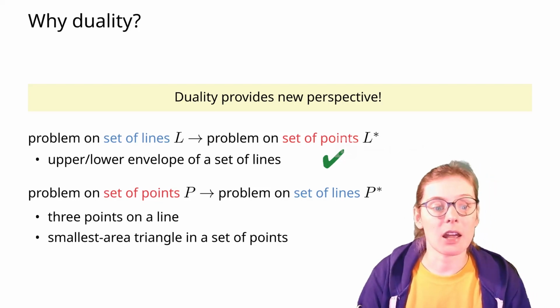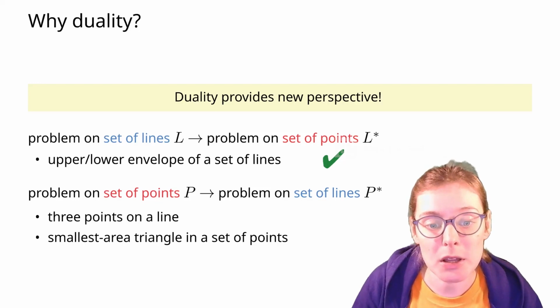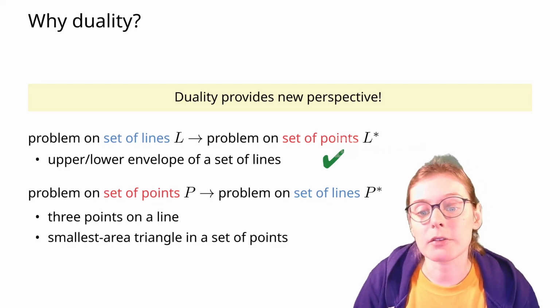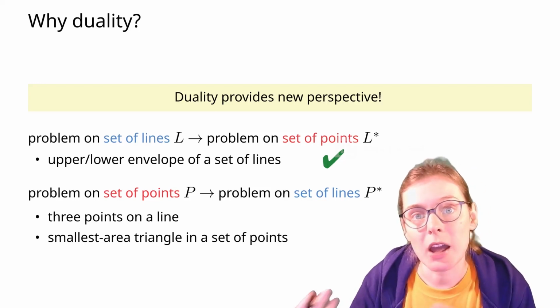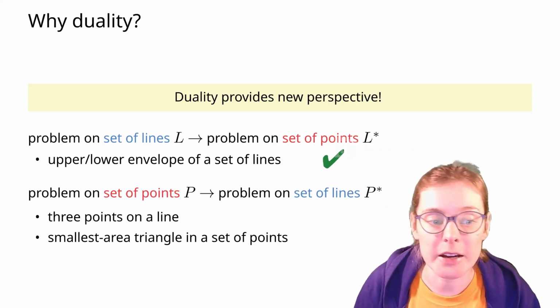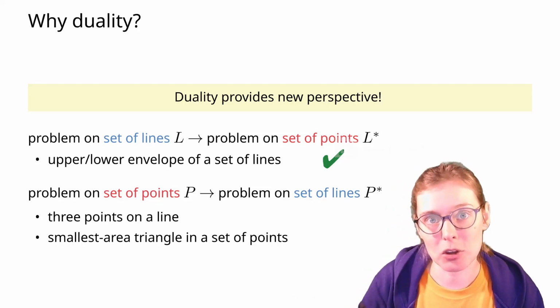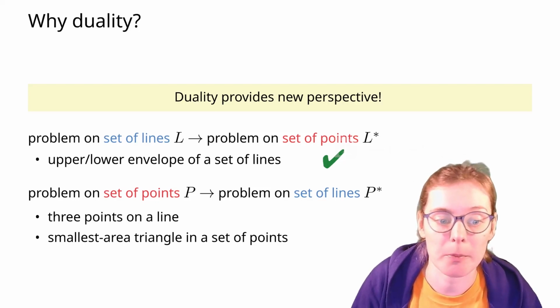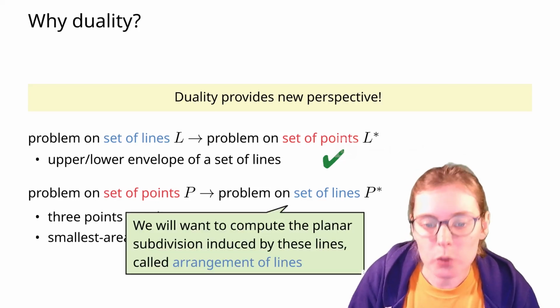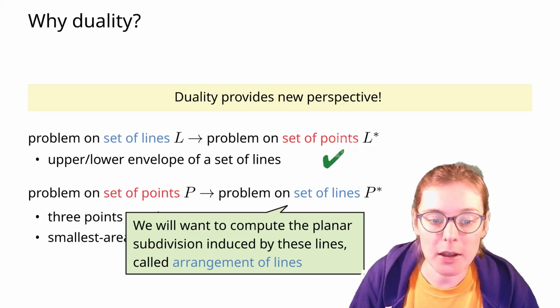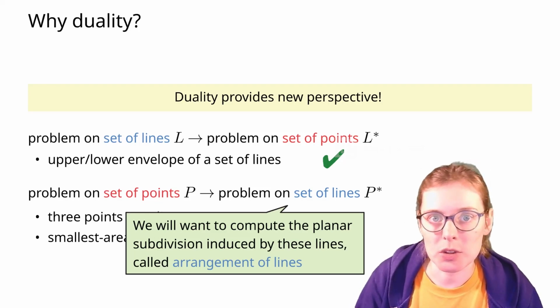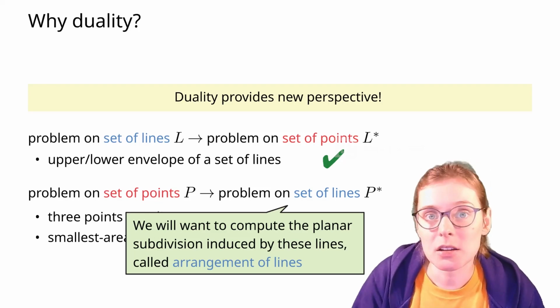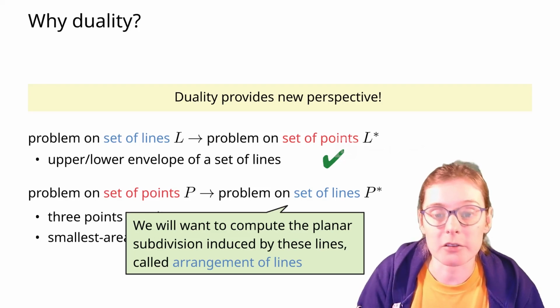If we are given a problem on a set of points, let's see how we can convert this problem into a dual problem on a set of lines and hopefully make some new observations that will give insight into the original problem. Now, when we will have a problem on a set of lines, we will want to compute some data structure on it, and this will be what we call an arrangement of lines.